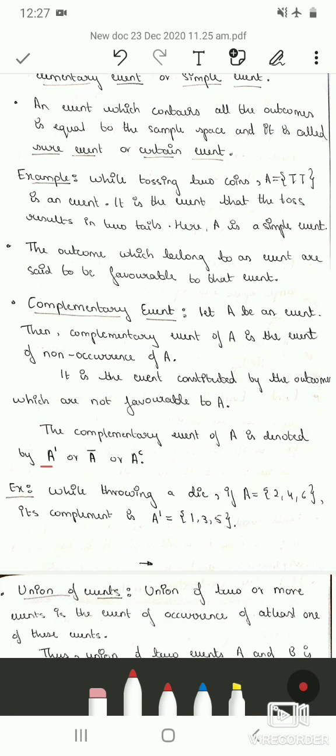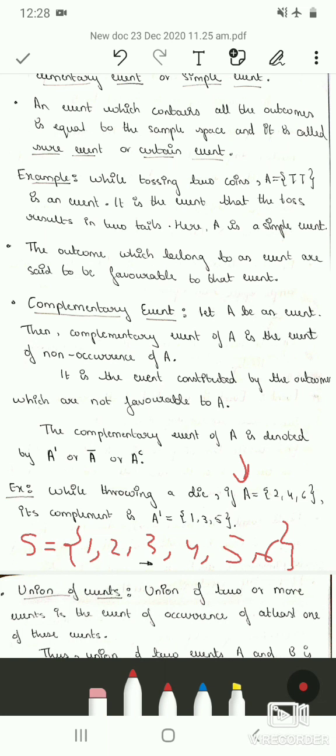So let us consider an example for better understanding. While throwing a die, if A = {2, 4, 6}, then its complement A dash is equal to {1, 3, 5}. We know that the sample space for throwing a die is {1, 2, 3, 4, 5, 6}, which is denoted by S. Here A is an event which represents that the throw results in an even number.